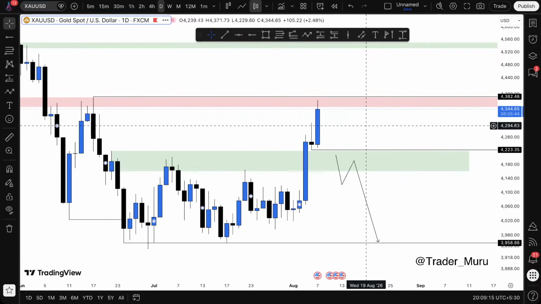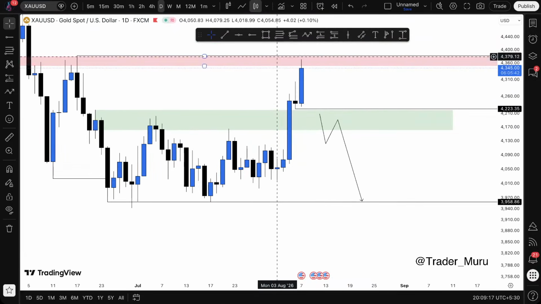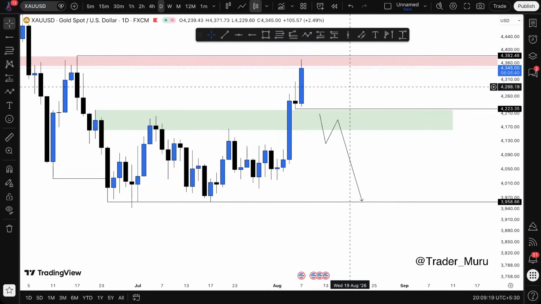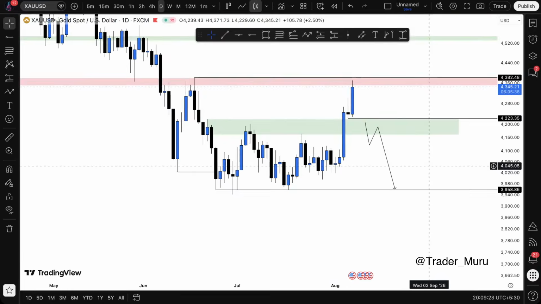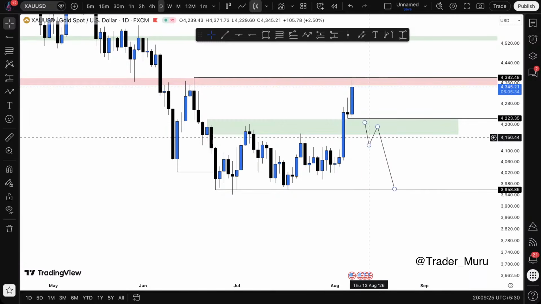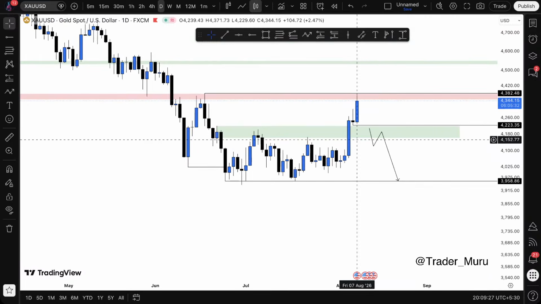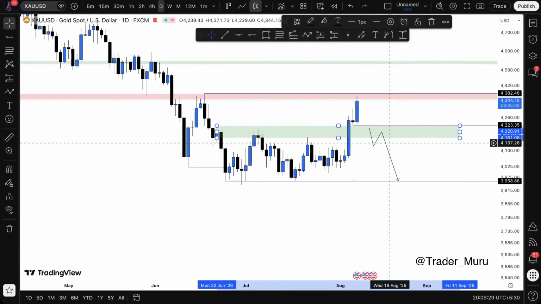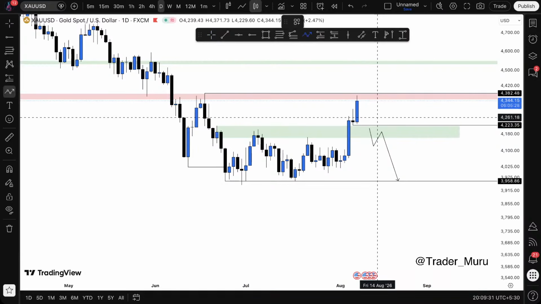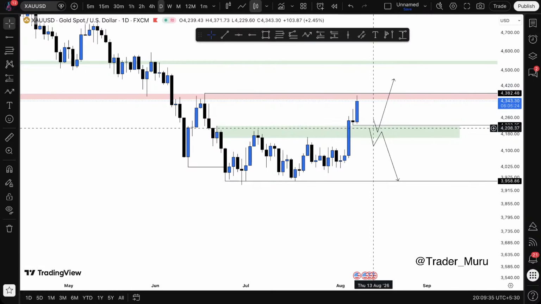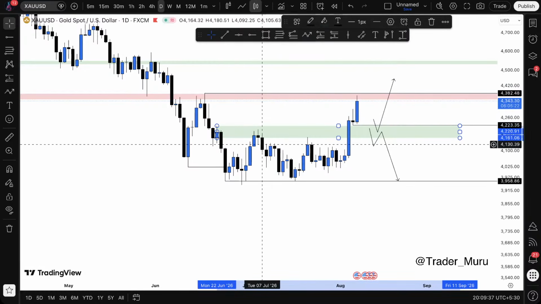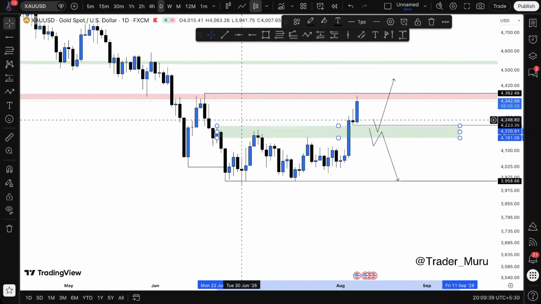Okay. So for the swing short, you need this confirmation. Otherwise, price will test here and pump. This is a major trend changing zone here.